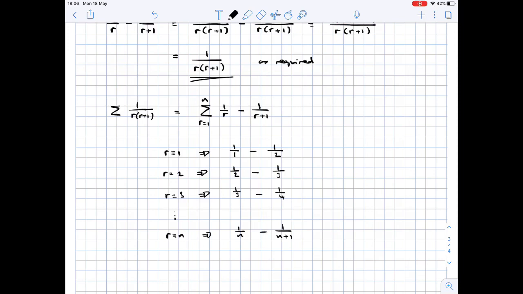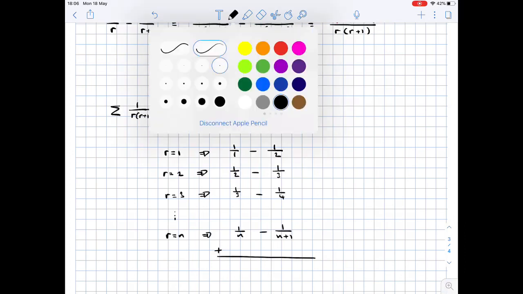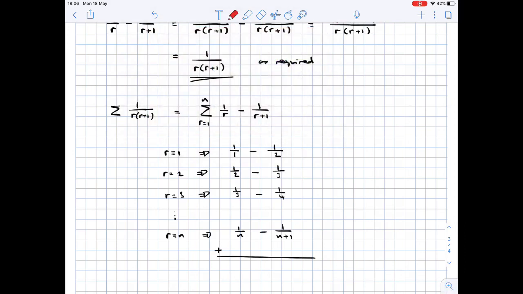Now remember, the sum is the summation of the series. So if we want to add all these terms together, hopefully you can spot that a half and minus a half cancel, a third and minus a third cancel, meaning that as we were to follow this down, you would start to spot that diagonals are cancelling, meaning that that 1 over n is going to cancel.